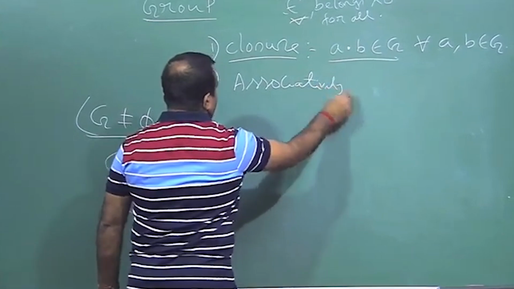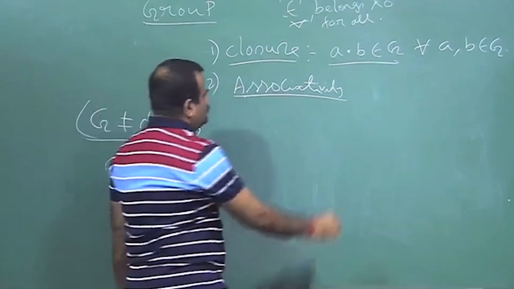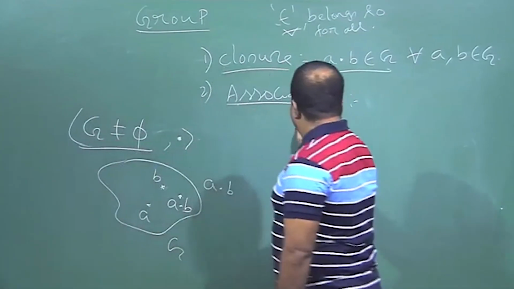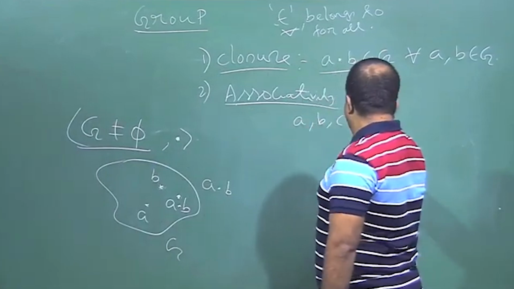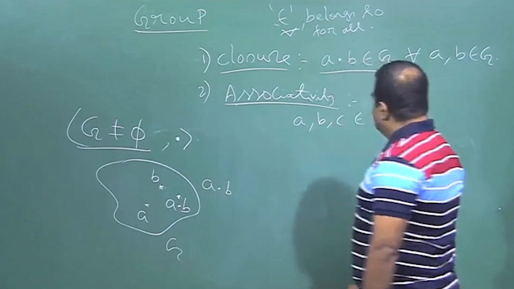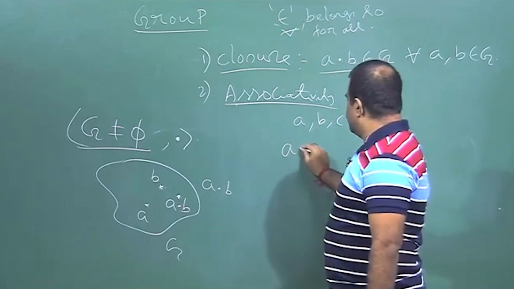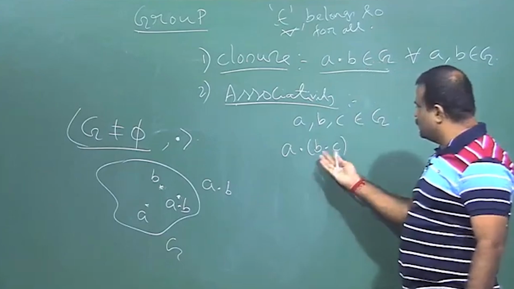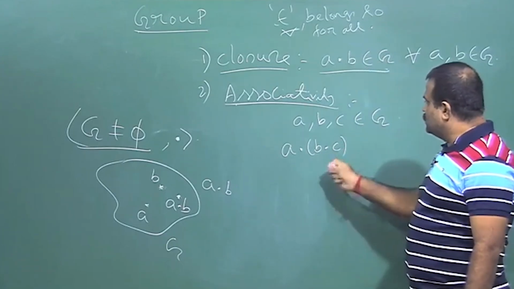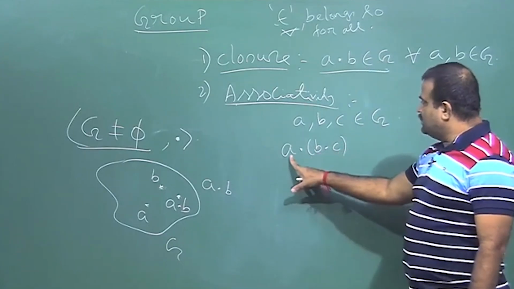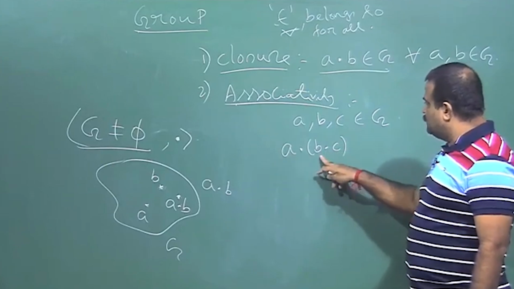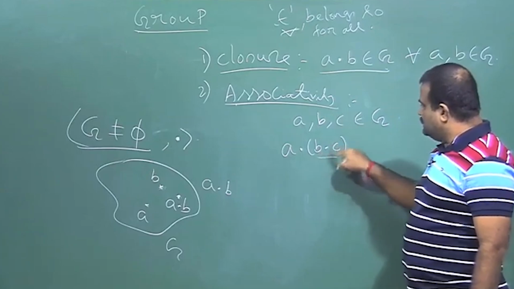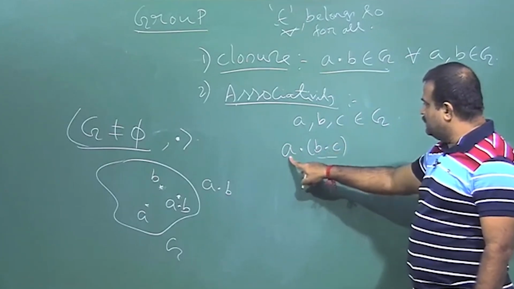The associativity property is telling us we take 3 elements from this set A, B, C, then this must satisfy A dot B. This is a binary operator, so we have to take 2 elements at a time. We first take these 2, then operate upon them. If closure is satisfied, then A dot B belongs to G, so this is another element and this is another element, and we can operate them.